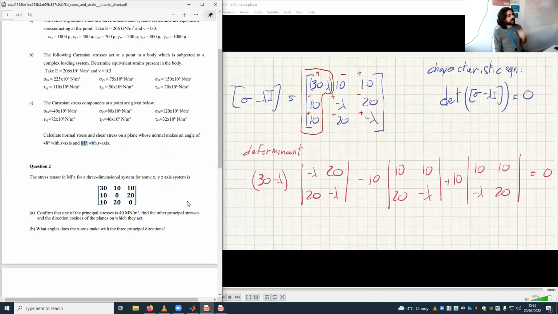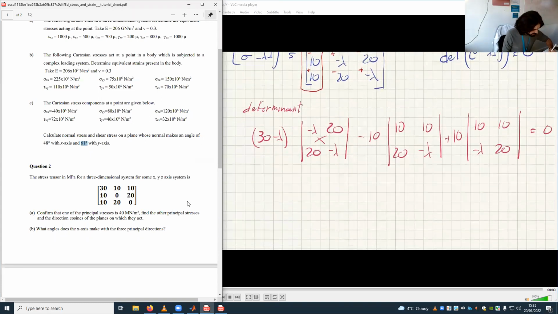Do you remember how to find the determinant of a 2 by 2 matrix? Yes, this minus this. So let's do this. It's 30 minus lambda times lambda squared minus 400. Do you agree?